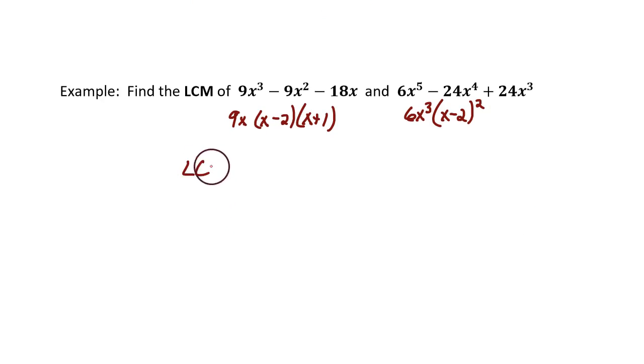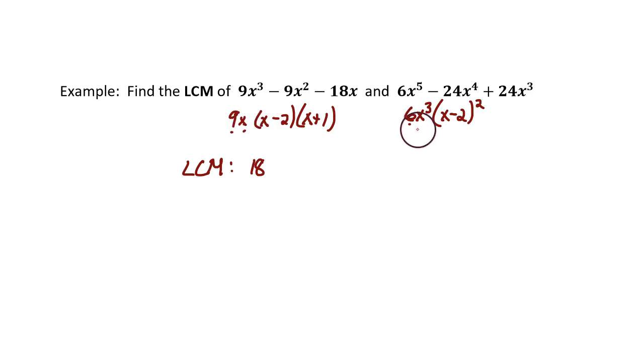Now let's find the LCM. Start with the numerical factors, the 9 and the 6. What is the least common multiple of 9 and 6? It's 18. 18 is a multiple of 9, and 18 is a multiple of 6.